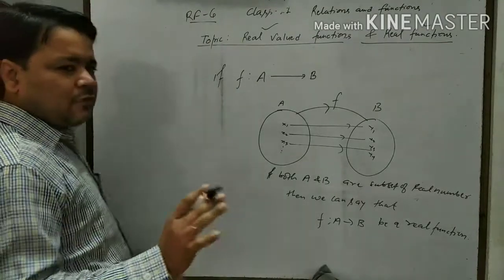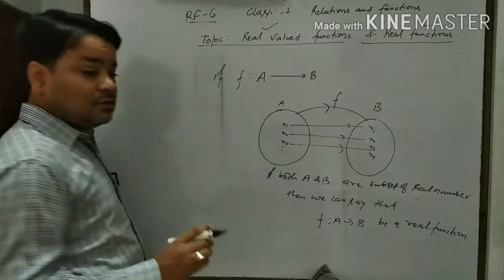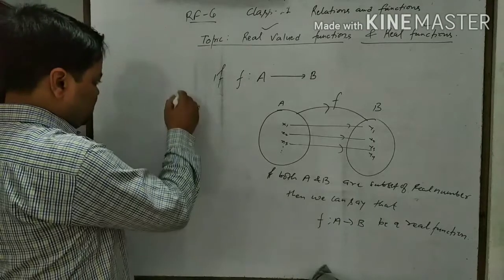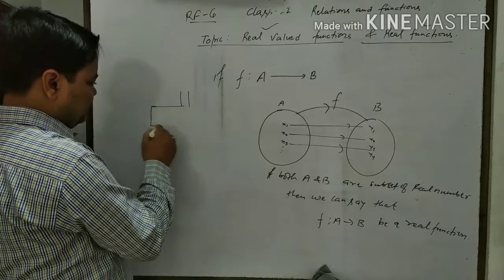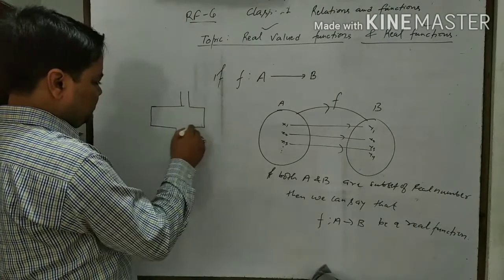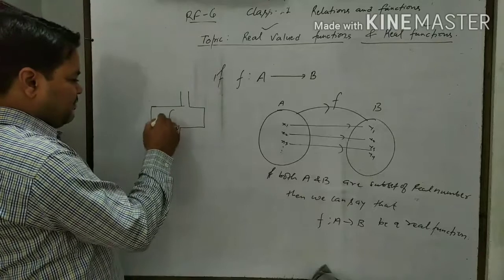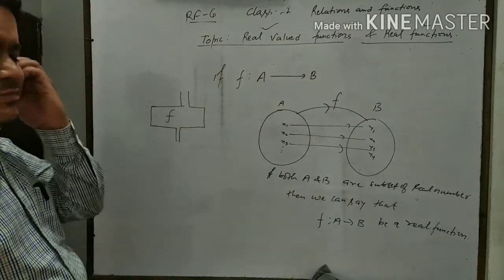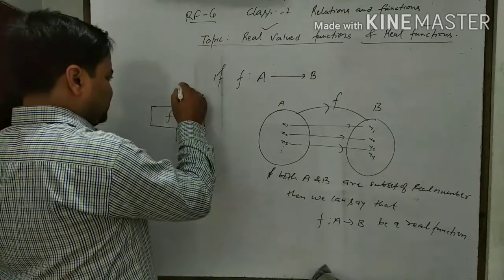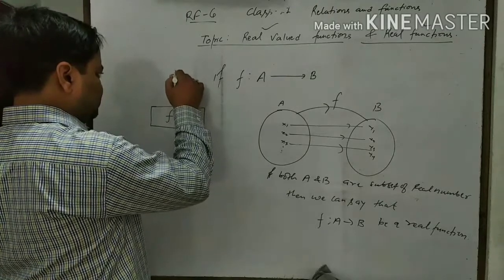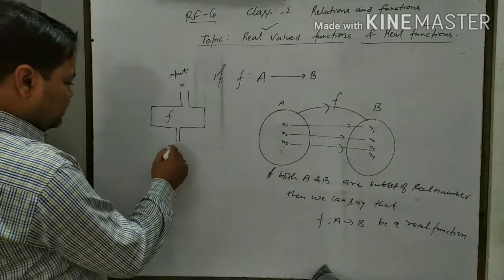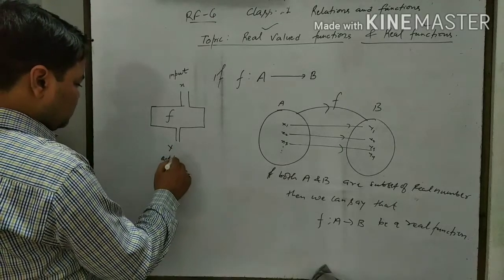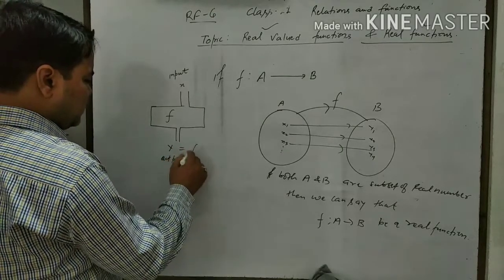If we assume that the function is a machine, here f is a machine, x is the input, and y is the output, which is also written as f of x.